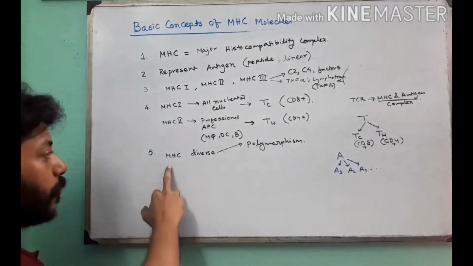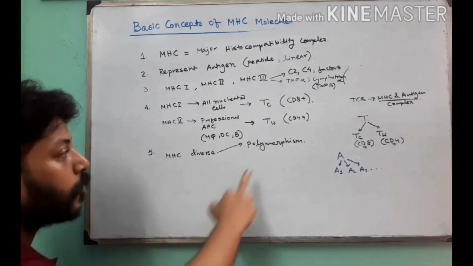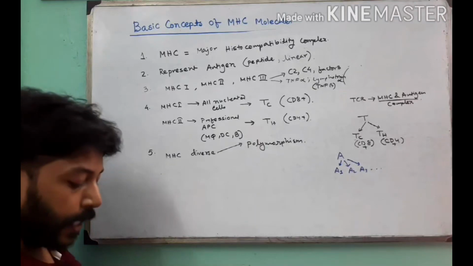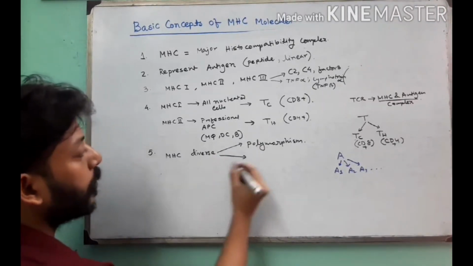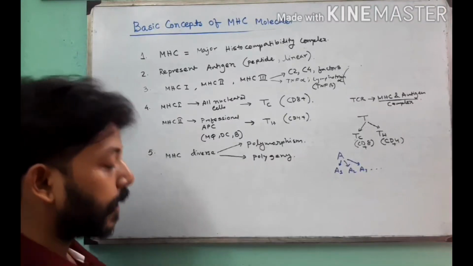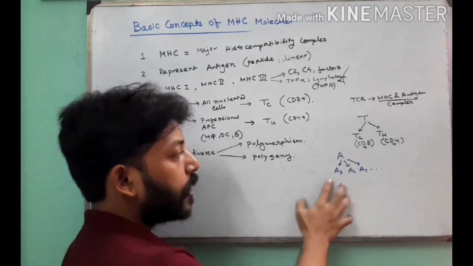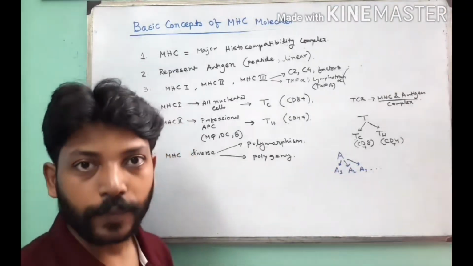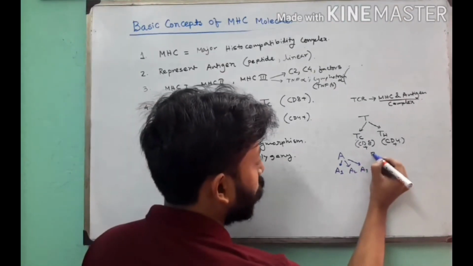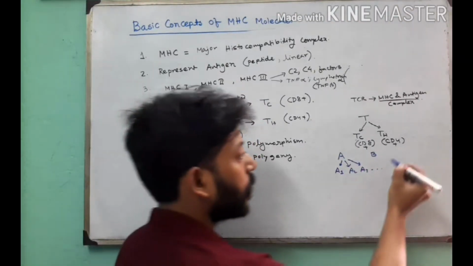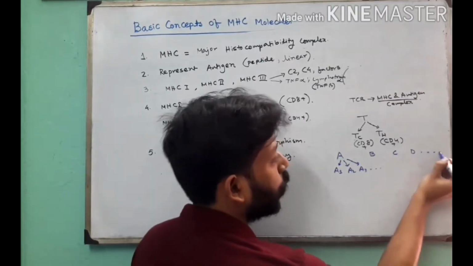Now, for MHC diversity, this is not the only reason. There is another reason that gives diversity to the MHC, called polygeny. Let's assume this A gene is producing different polymorphic allelic forms. Also, this MHC molecule can be encoded by another gene called B, another gene called C, D, and so on.